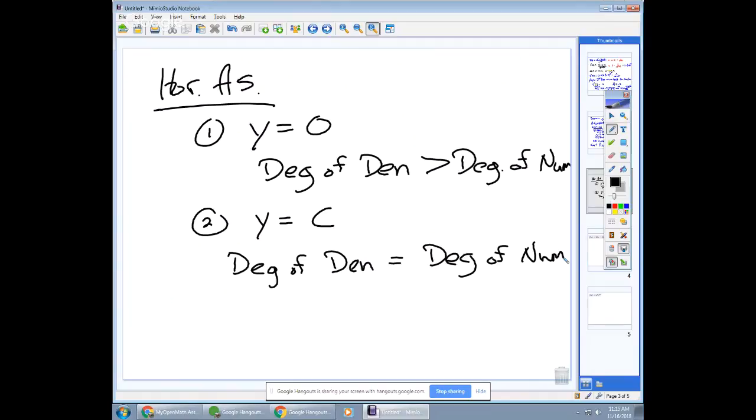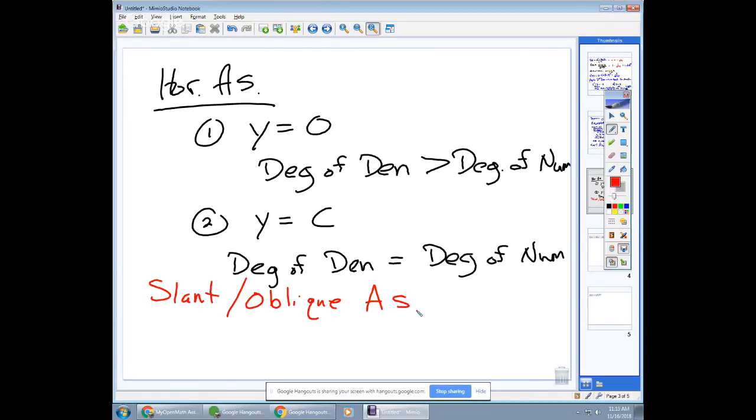There are other kinds of asymptotes besides vertical and horizontal. Does anybody remember one? Slant. It could be like, well, like y equals this. It could be a slant or oblique asymptote. So another option is what's called a slant or oblique asymptote.